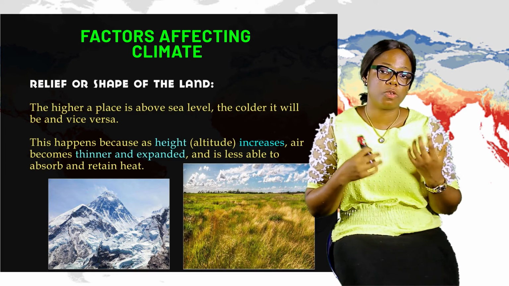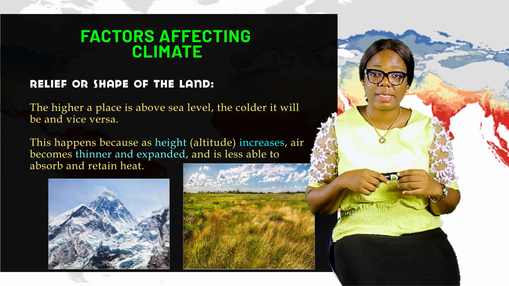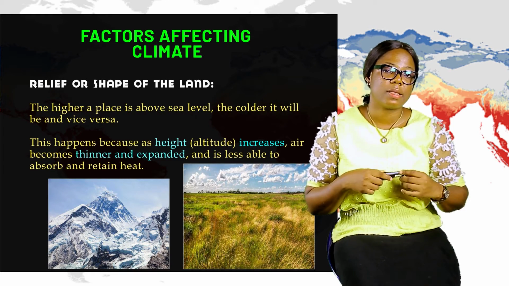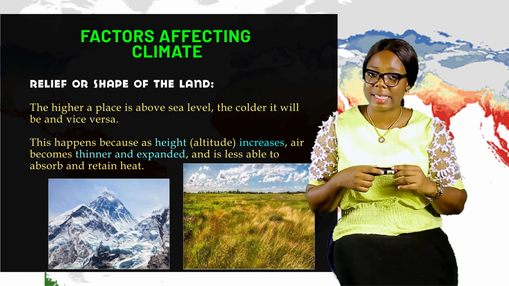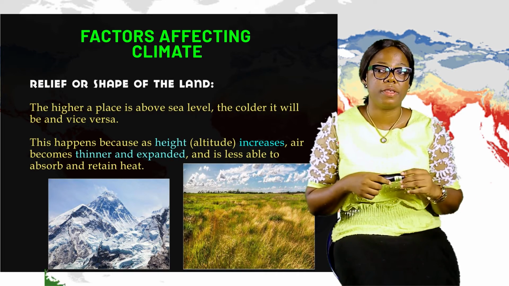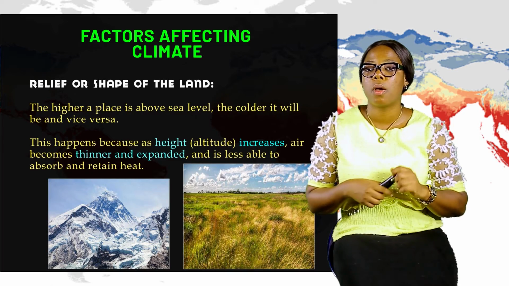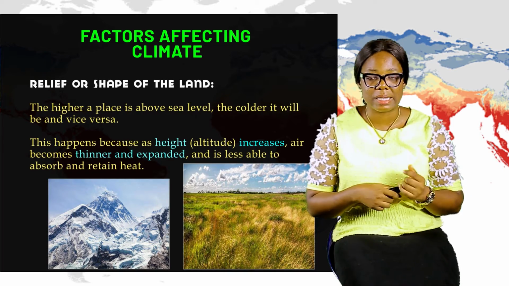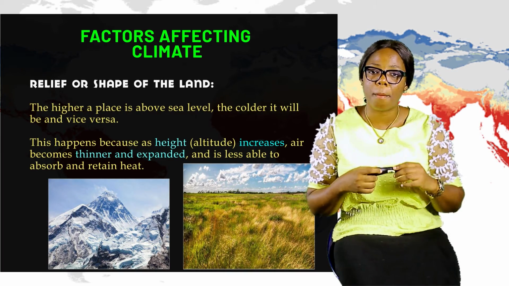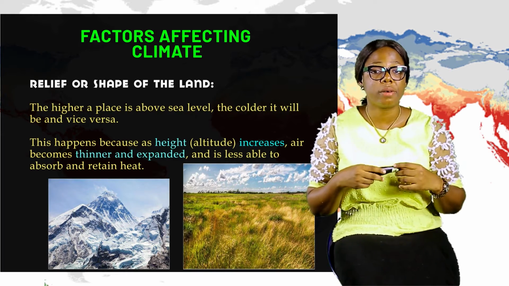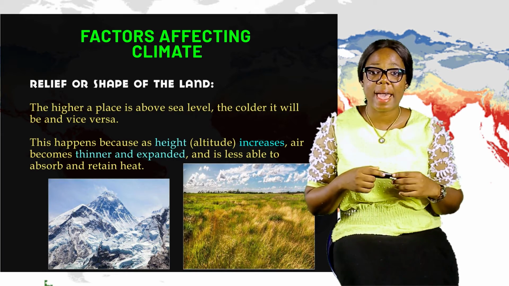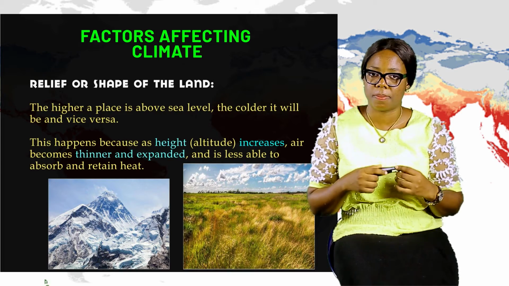Relief has to do with the topography of the area, that is, areas in a region that are high and areas that are low. The higher a place is above sea level, the colder it will become, while the lower a place is above sea level, the warmer it will become. This is because as height or altitude increases, air becomes thinner and expanded.